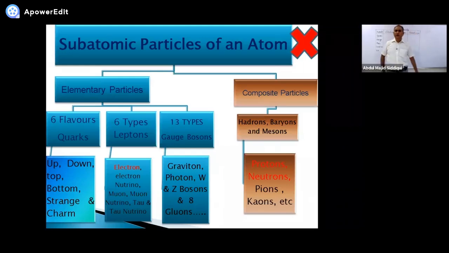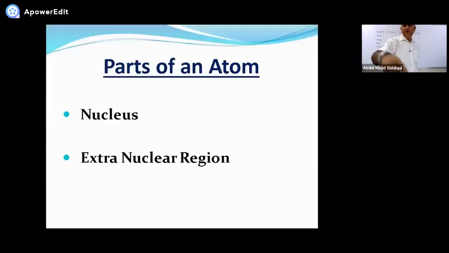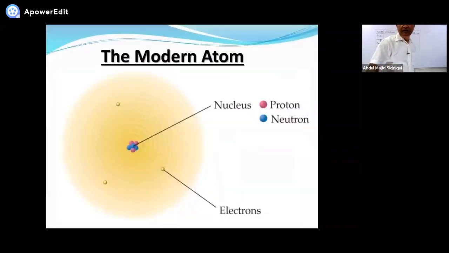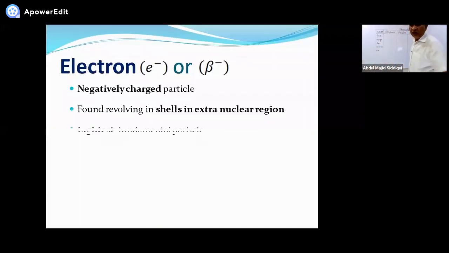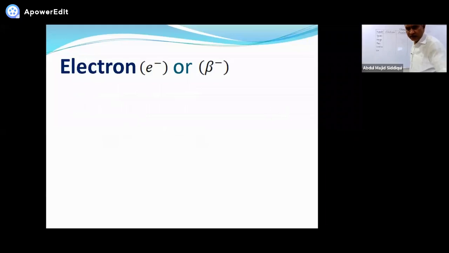So out of so many particles, we focus on such particles. All right? So no need. So how many parts does an atom have? Nucleus and extranuclear region. So take the screenshot afterwards.